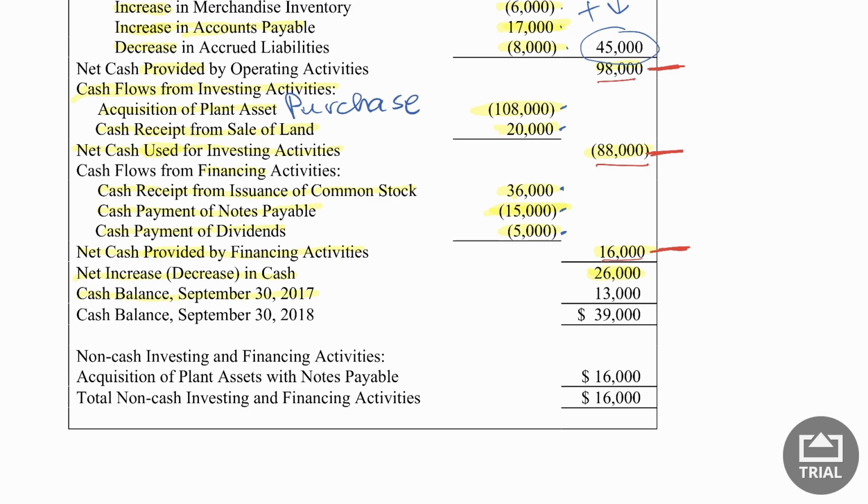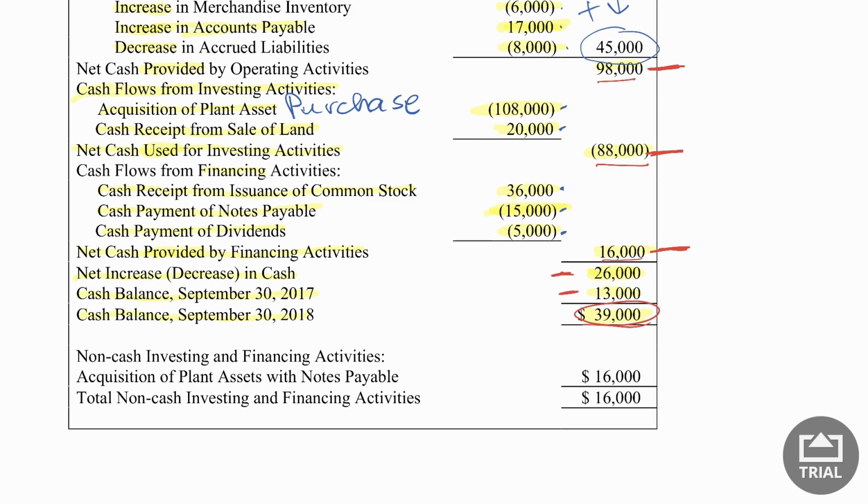So if I look, my 2017 cash balance was $13,000. So if I started the year with $13,000, and I'm saying I had an increase of 26, if I add those together, 26,000 plus 13,000, I get 39,000. So I'm saying that my new cash balance is 39,000.